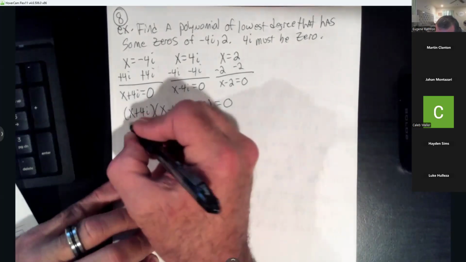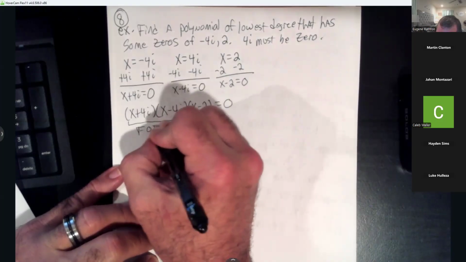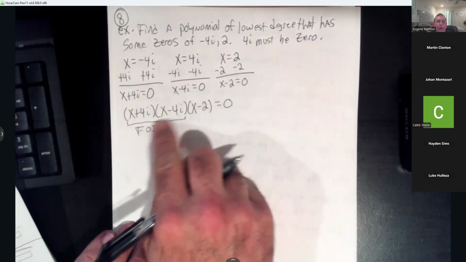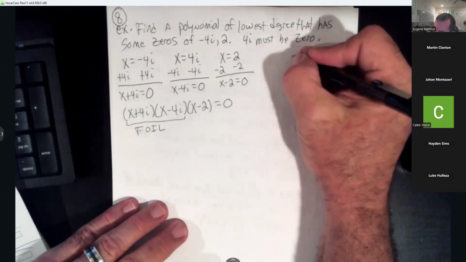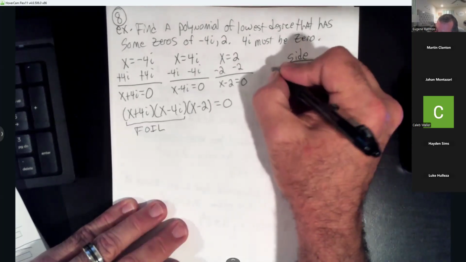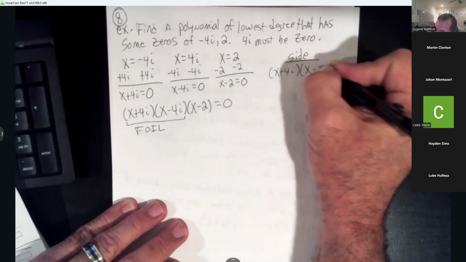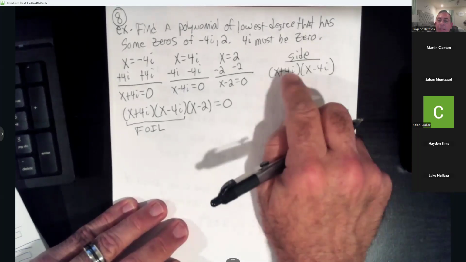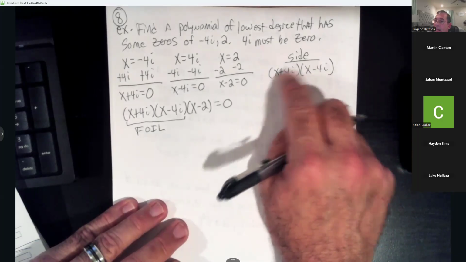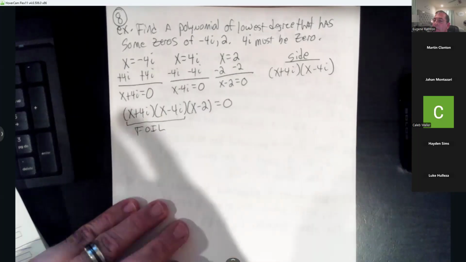All right, y'all, so remember, if you got imaginary, that's the first thing you want to FOIL so we can get rid of this imaginary stuff. So I'm going to do the x plus 4i times x minus 4i. Remember, these are conjugate pairs. One's added, one's subtracted, so that means the i will disappear.